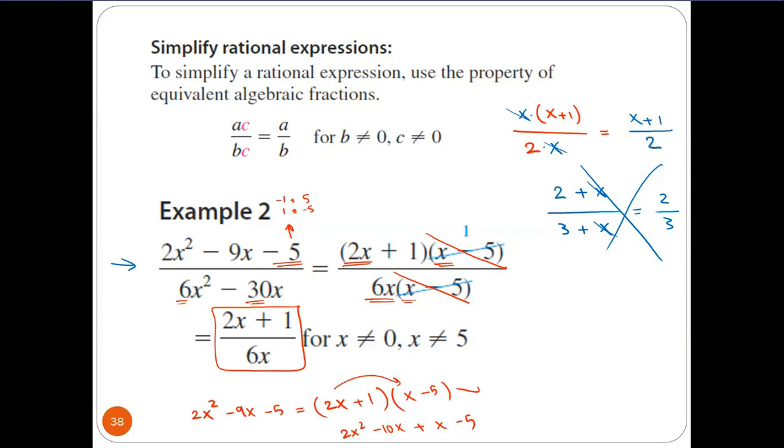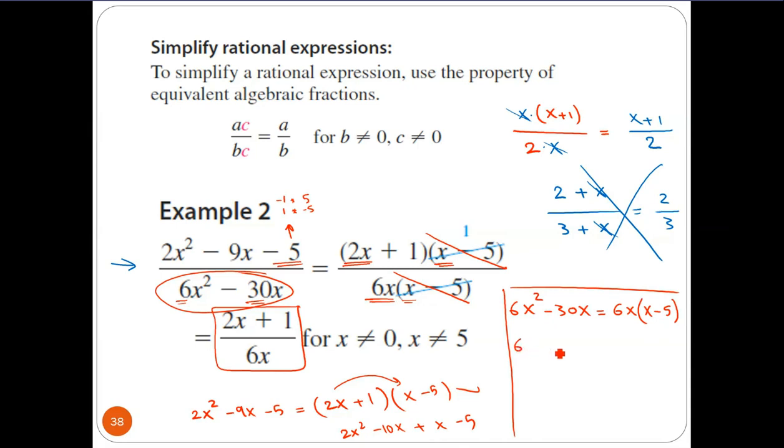Now, what is the restriction of this expression? We can compute the restriction from the original. So we have 6x squared minus 30x, which equals 6x times x minus 5.